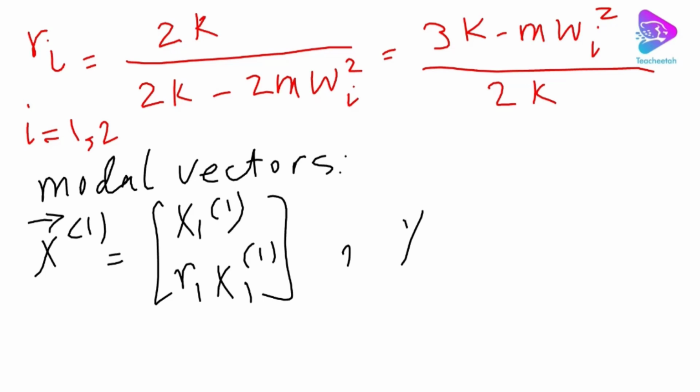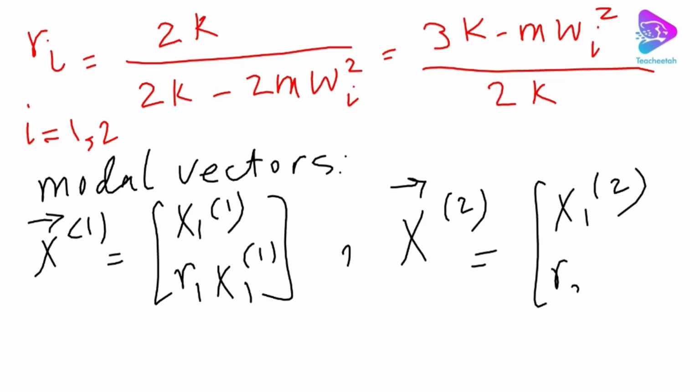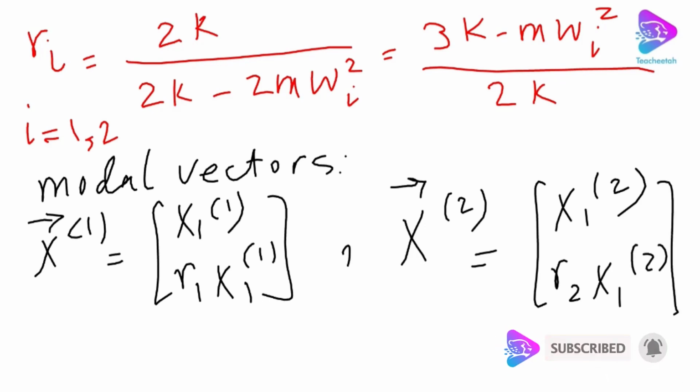And for the second mode shape, we have x2 equal to x12 and r2 x12, right? So now we converted everything as a function of the amplitudes x11 and x12, and instead we are having r1 and r2.